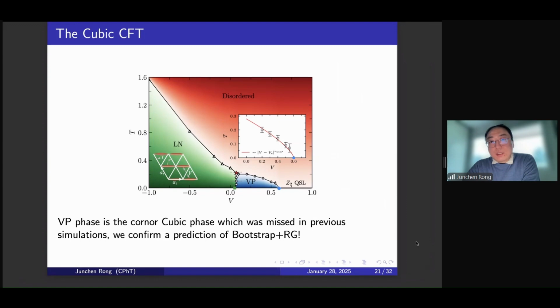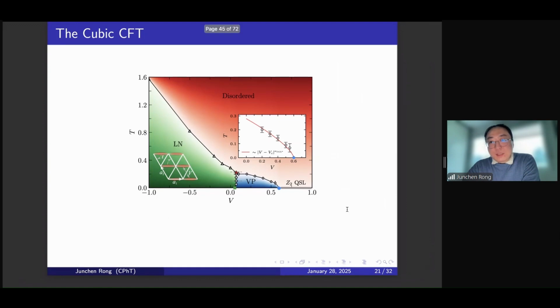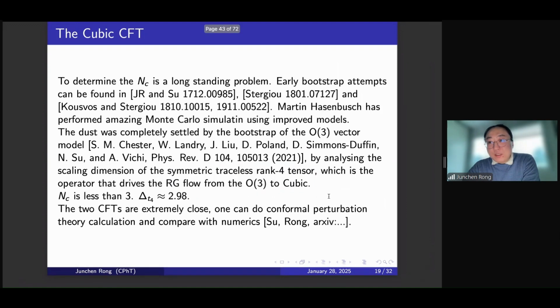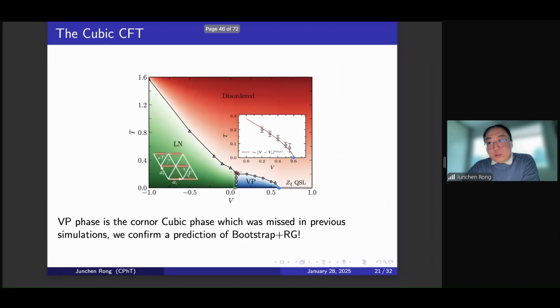So the T4 operator is charged under O3, so it's a non-trivial representation of O3. So at leading order in conformal perturbation, we need an OPE coefficient which is epsilon and T4. This vanishes because of O3 symmetry. So we don't have corrections at leading order. The corrections start at second subleading order.